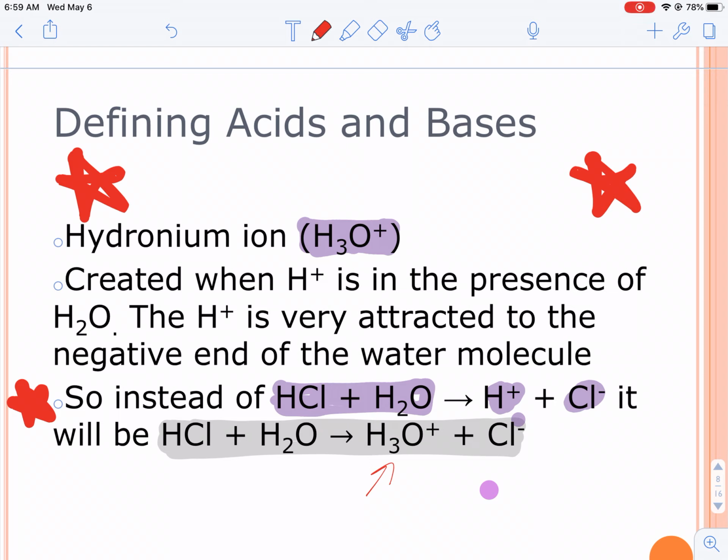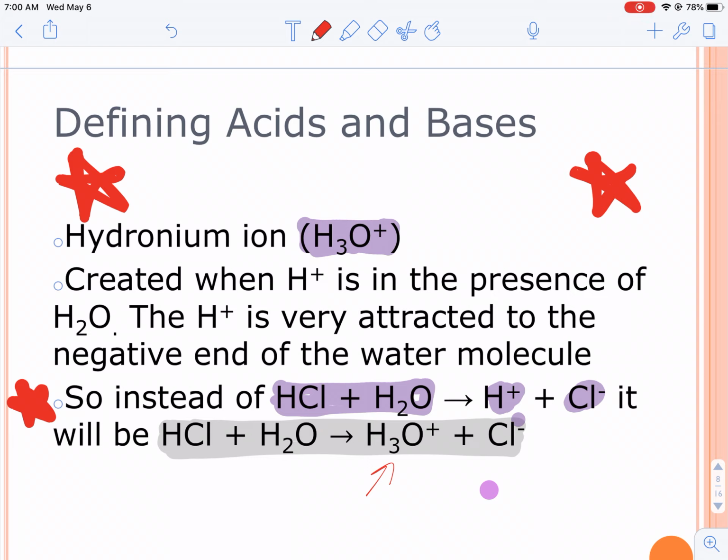The more concentrated that hydronium ion is, the stronger the acid. The more easily those ions split, the stronger the acid. So hydrochloric acid is a strong acid. When you take hydrochloric acid and you add it to water, every molecule splits into the hydronium ion and the chloride ion.